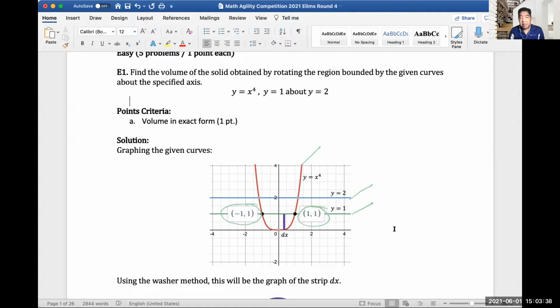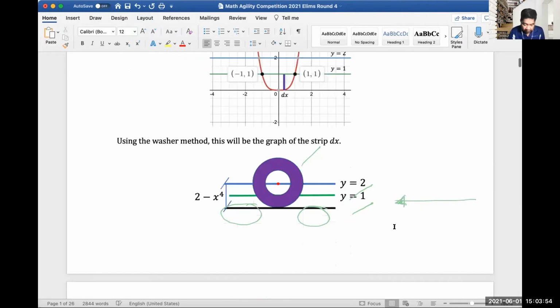So we can actually use the washer method because we will form an outer ring and an inner ring. If we look at this view of the curve, this would be the effect, right? So let me clear. So this would be the x-axis here. Let me just so you can see everything.